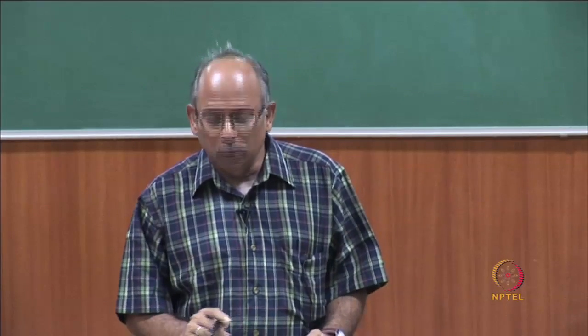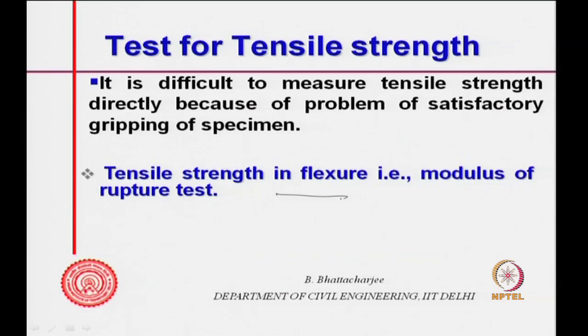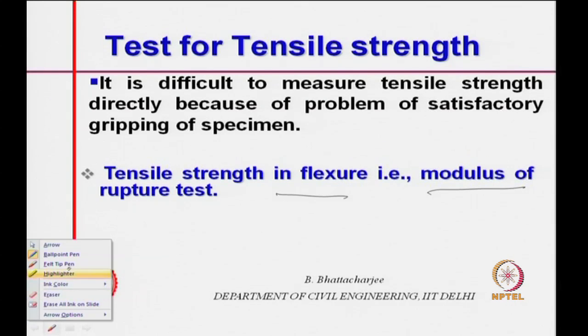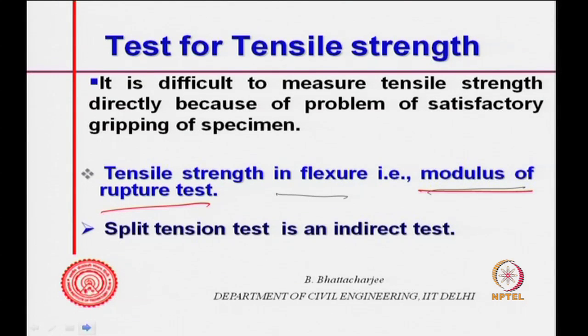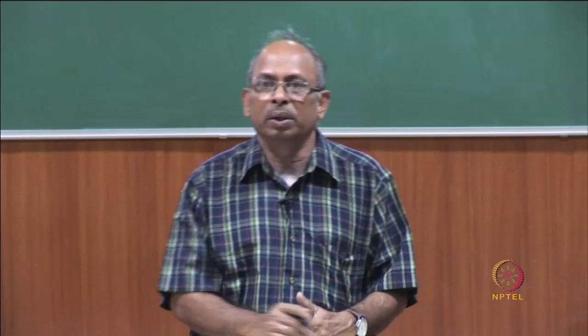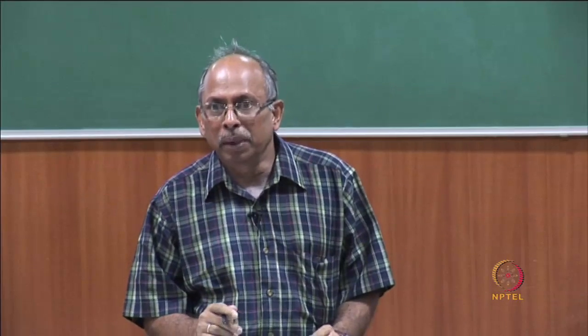This tensile strength at failure we test by what is called the modulus of rupture test. Then for direct tension, the split tension test is done, but this itself is an indirect test. Indirectly we measure the direct tensile strength of concrete. This is called the split test, split tension test, Brazilian split tension test, and so on.